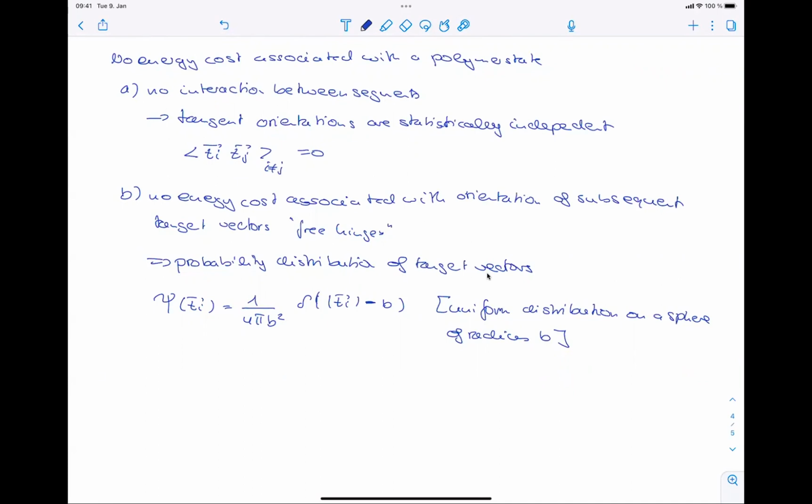And from that, we can then get the probability distribution of an entire polymer state, because it is just defined by the set of tangent vectors, right?